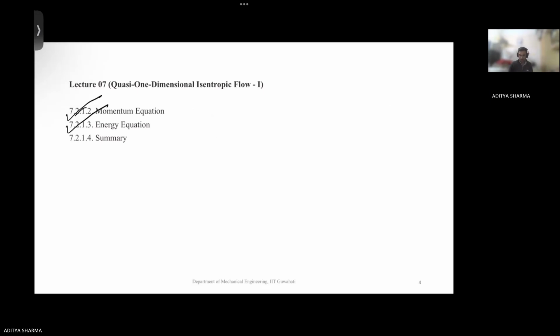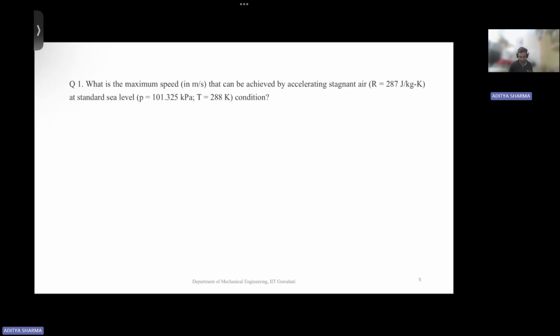Then moving on to questions. We have the first question here, which says: what is the maximum speed that can be achieved by accelerating stagnant air at standard sea level?